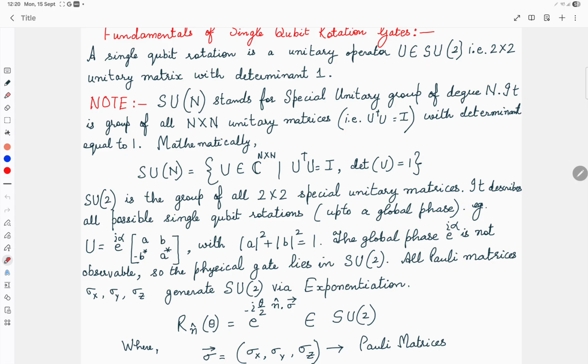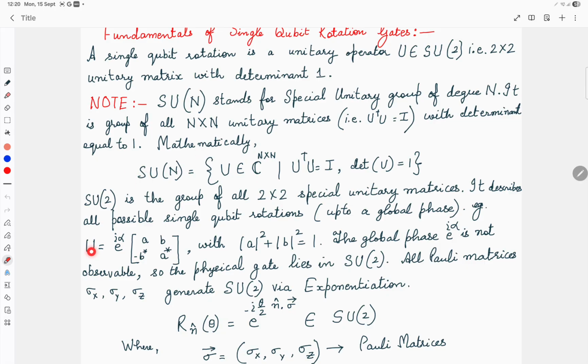Now for example, please try to understand, there are two abbreviations we have to keep in mind. One is U, the other is SU. So U denotes the unitary group, SU denotes the special unitary group.